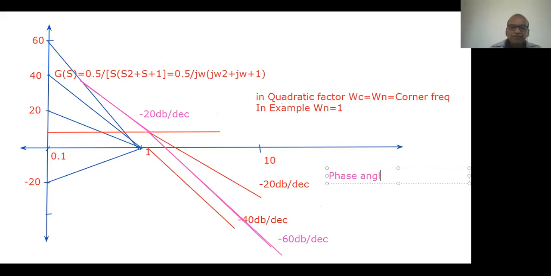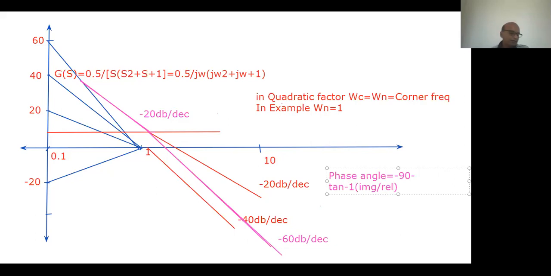Phase angle equals: the phase for this constant term is equal to 0. Single pole at the origin is equal to, say, minus 90, minus tan inverse, imaginary part divided by the real.